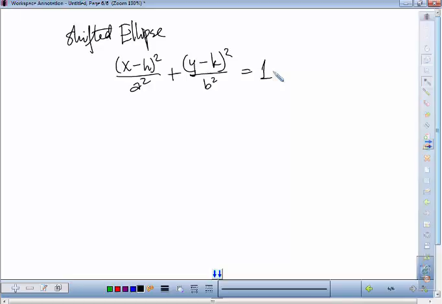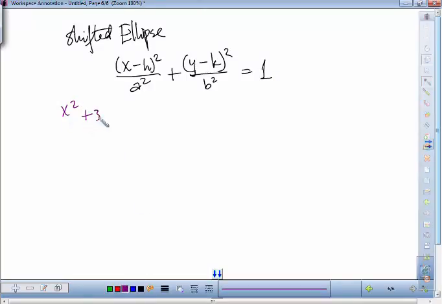Just by adding h and k, h in the x and k in the y. Your vertices, and your major and semi-major axes will also shift, so we can figure that out. So I think that last warm-up problem might be a good candidate for an example, so let's try that.